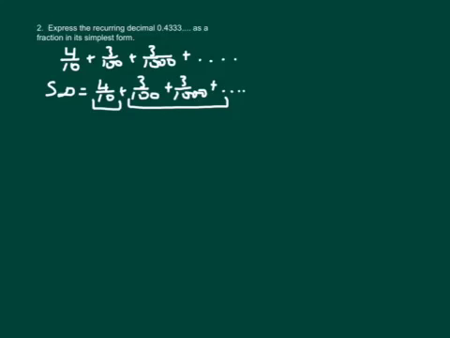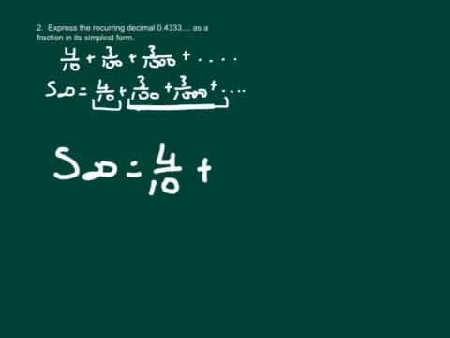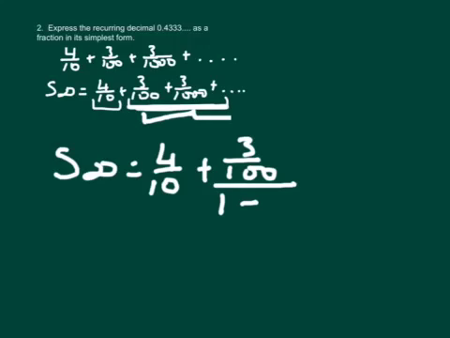S infinity is equal to 4/10 plus, looking back up here, a is equal to 3/100, over 1 minus the common ratio. Hopefully you can see that the common ratio is 1/10, because you multiply by 1/10 to get to the next term, and again to get to the next term, etc., etc. So the common ratio is 1/10.